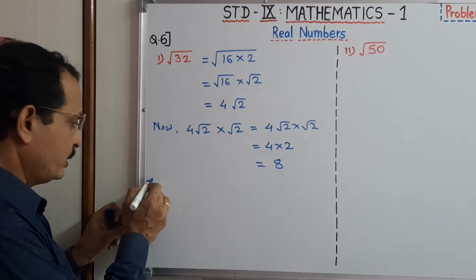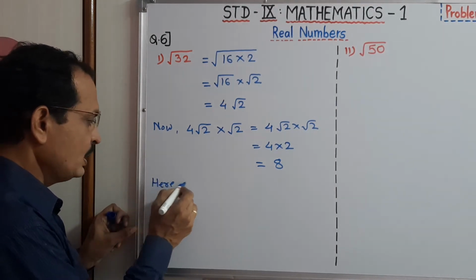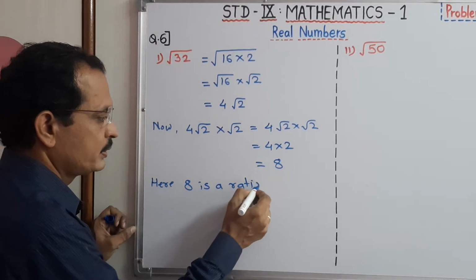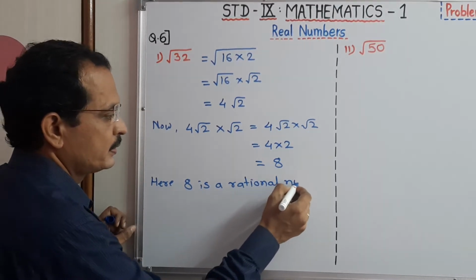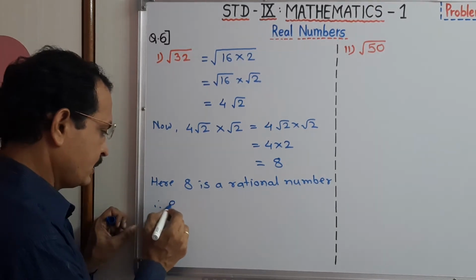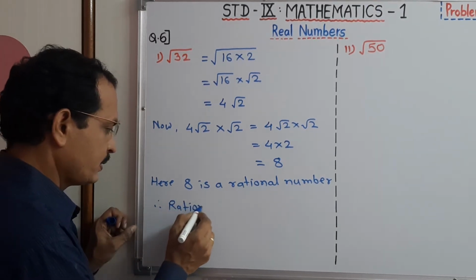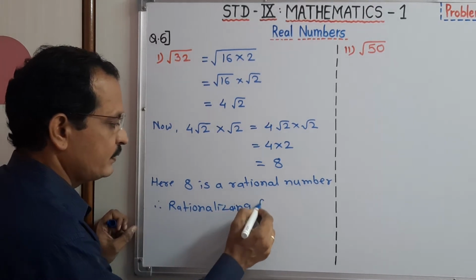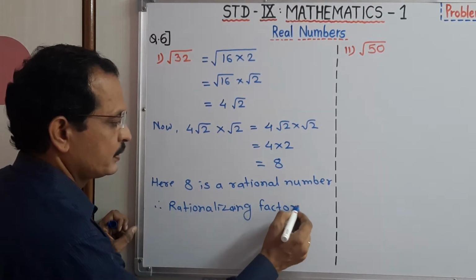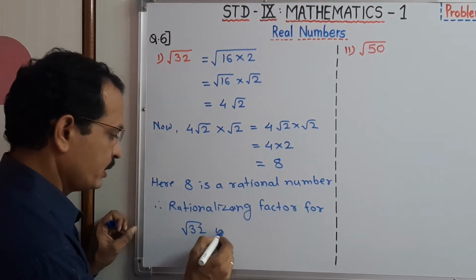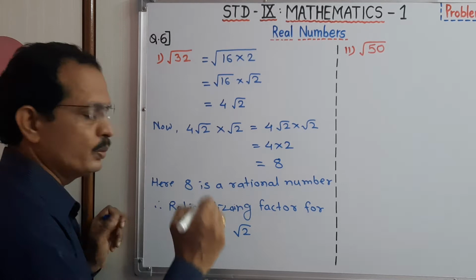Therefore 8 is a rational number. Therefore the rationalizing factor for root 32 is root 2.